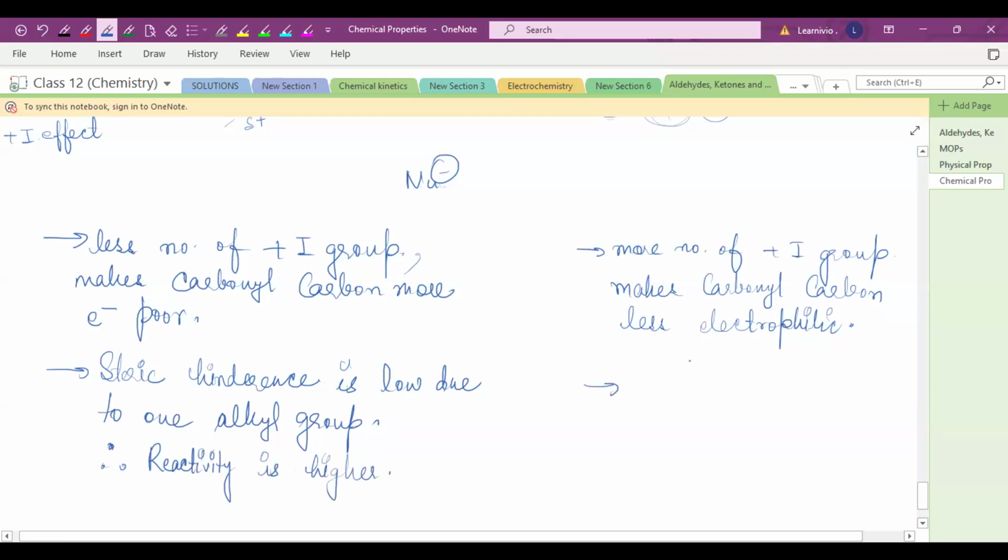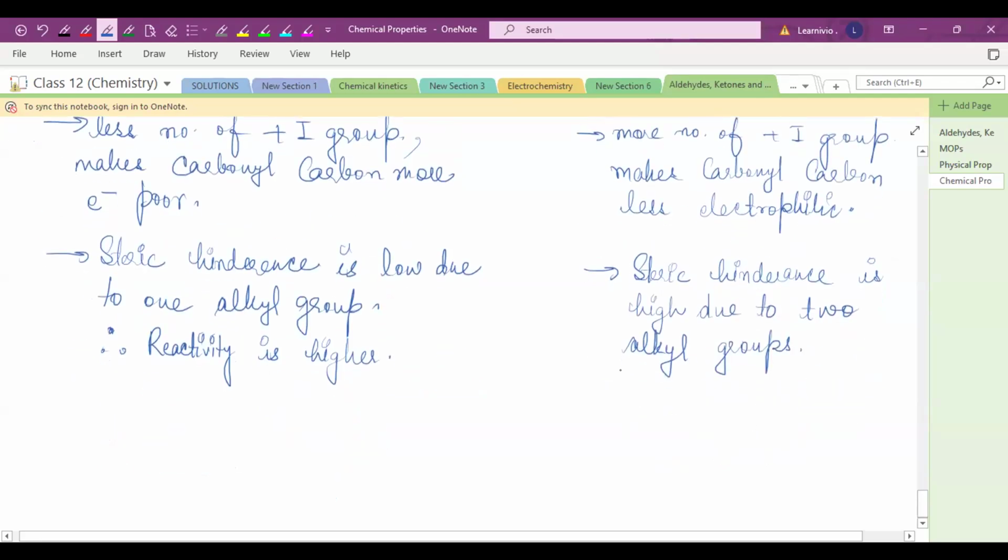And on the other hand, the steric hindrance is high due to two alkyl groups. Therefore, reactivity is lower.